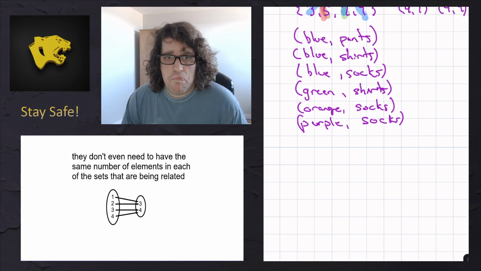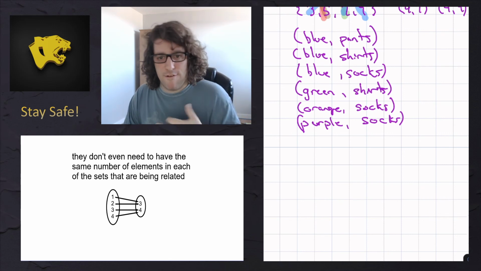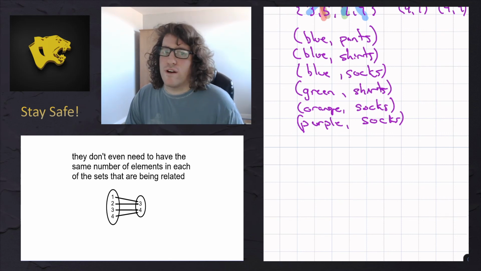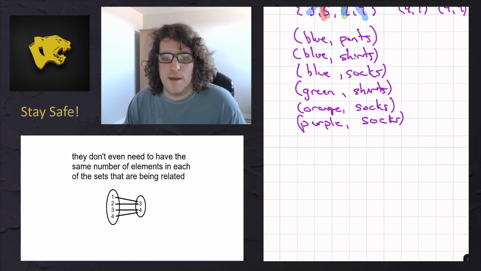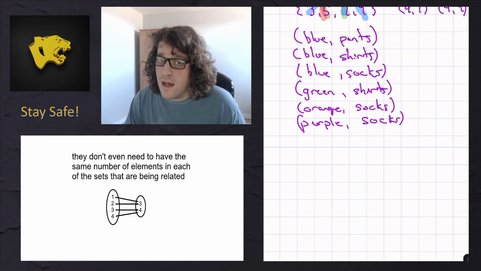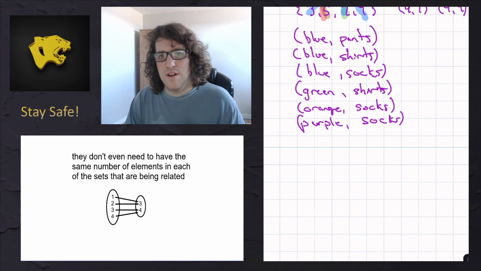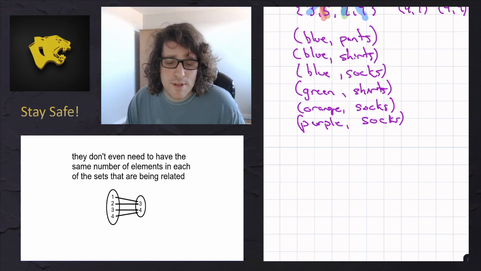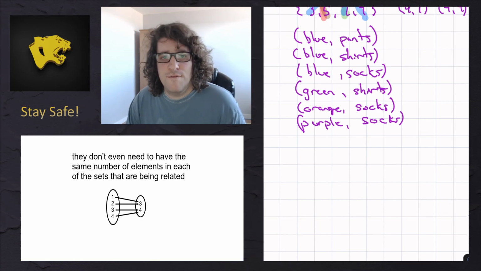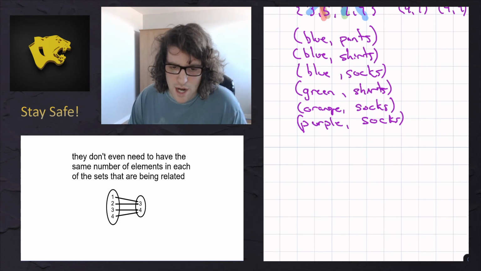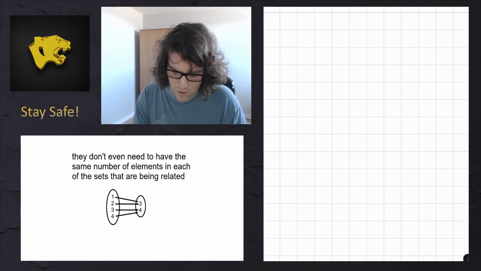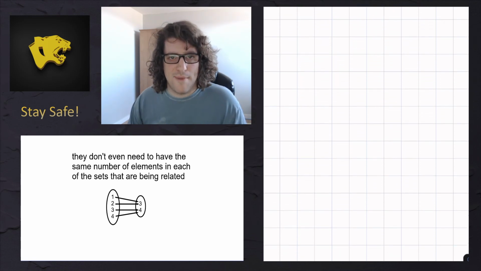Another thing that I forgot to explain very well the first time I did this last semester is that it really doesn't matter how many elements there are in each of these sets. I've done 4 to 4, I think, in all of my previous examples. Well, this is a set of 4 elements and a set of 2 elements. And it's entirely okay to have a set of 4 elements and a set of 2 elements matched up like this.